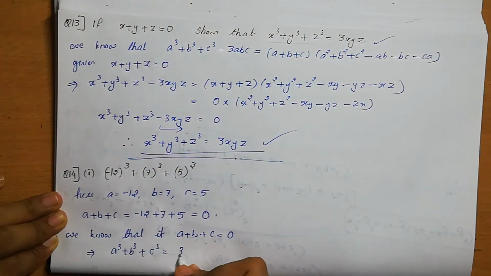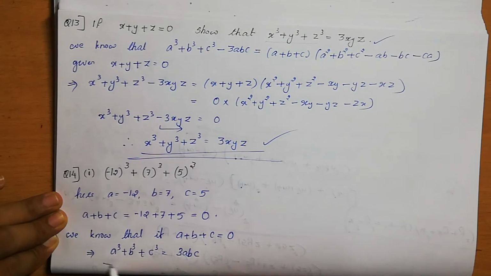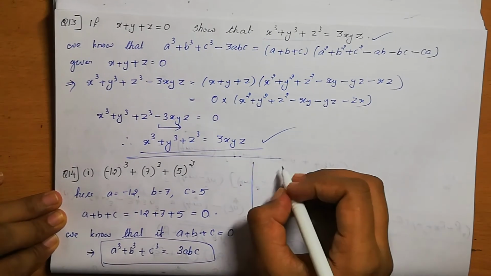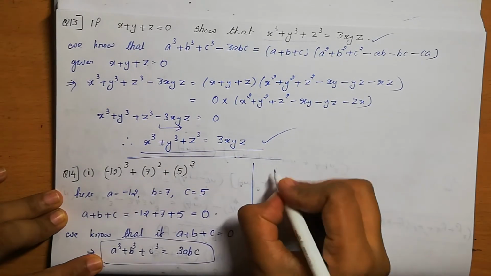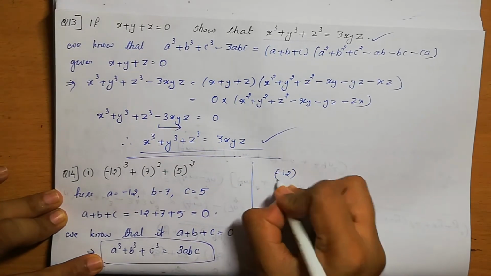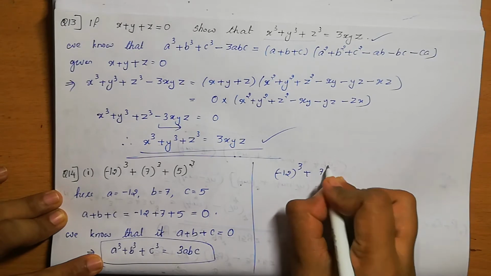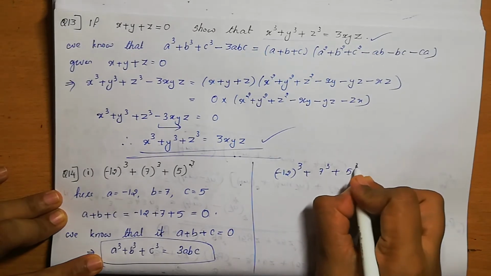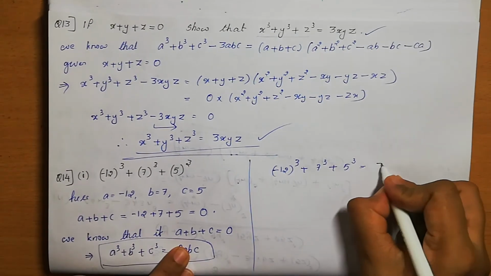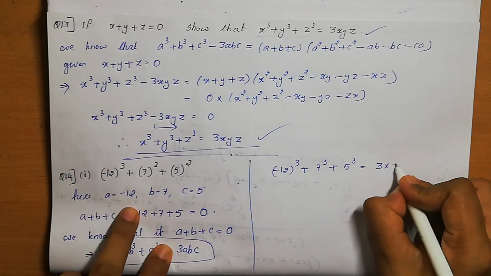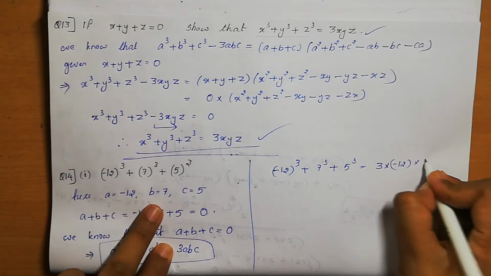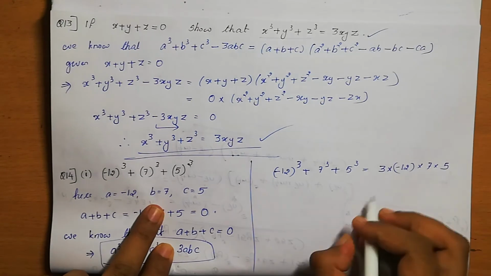So we can apply this directly. That means minus 12 cube plus 7 cube plus 5 cube equals 3abc, that is 3 into minus 12, into 7, into 5.